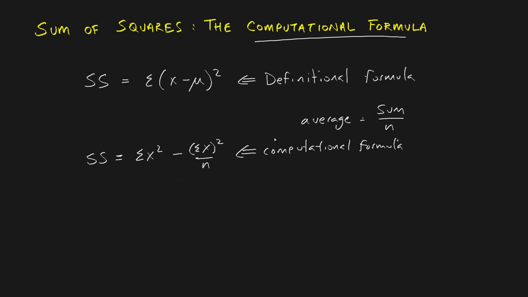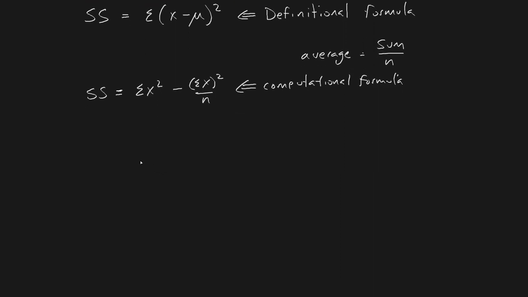I think the best way to illustrate this is to just show you both formulas being used side by side. So I'm going to set up some data here. Let's work with some values that we've been working with in some other examples. My data is 48, 49, 50, 51, and 52.